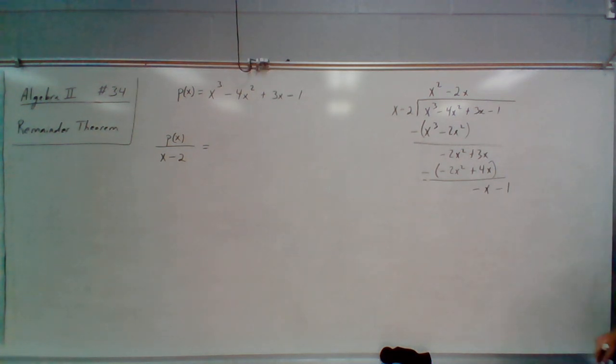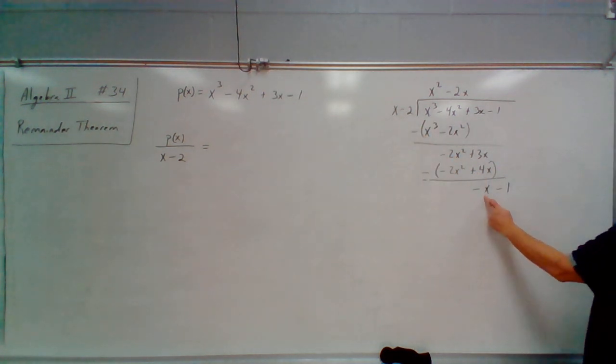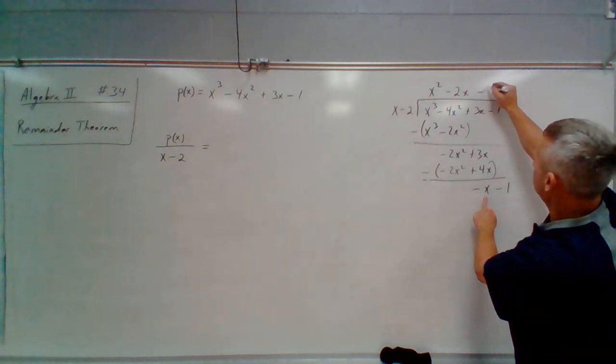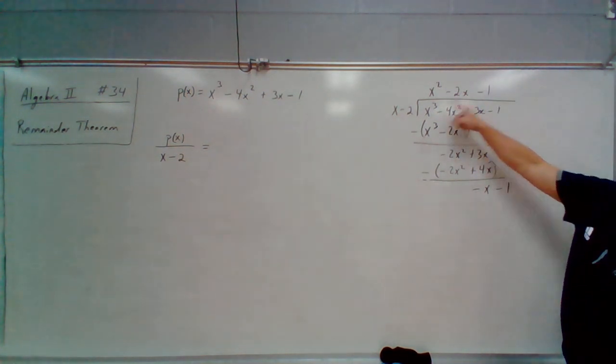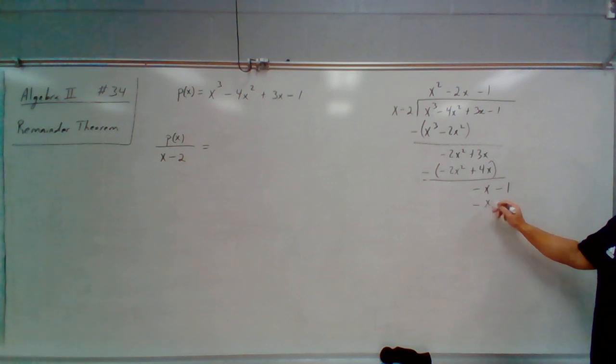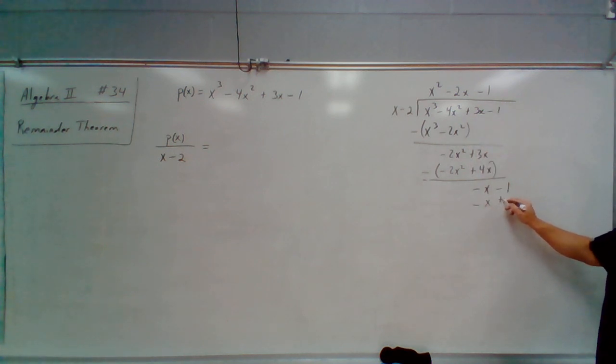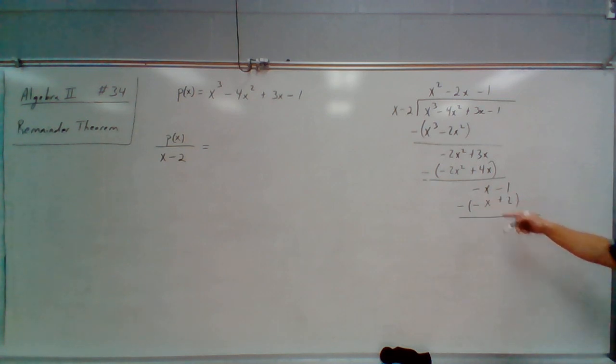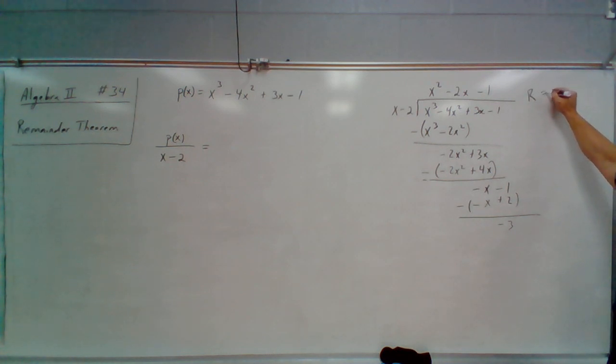Bring down the minus 1. X will go into this negative 1 times. So negative 1 times x is negative x plus 2. Subtract that. Those cancel. This will be minus 2. So negative 1 minus 2 is minus 3. And you see that my remainder is equal to negative 3.